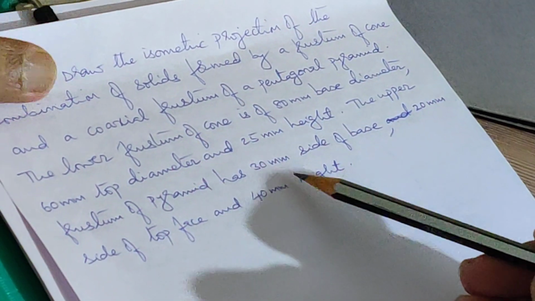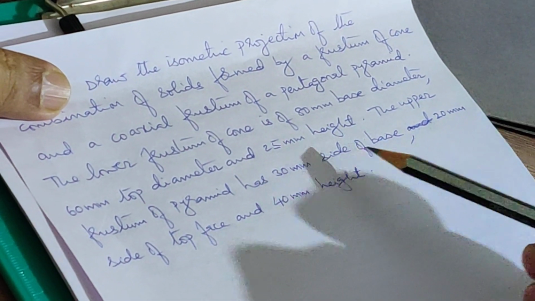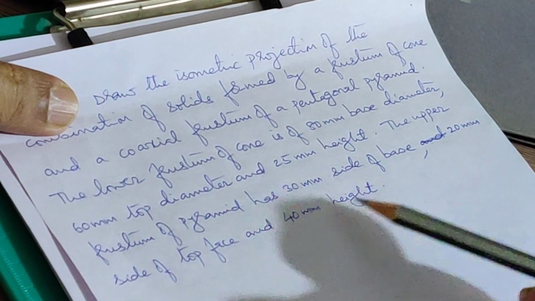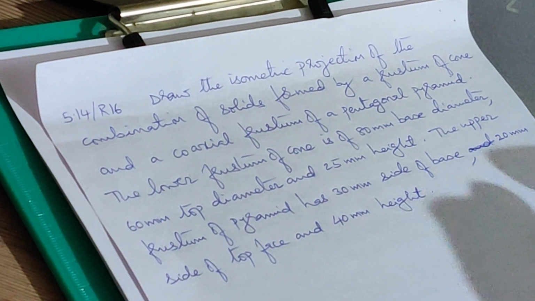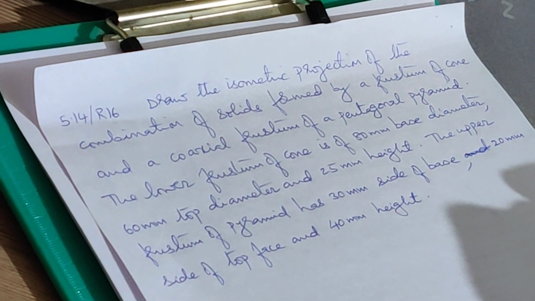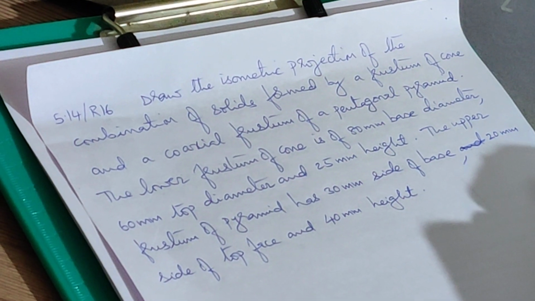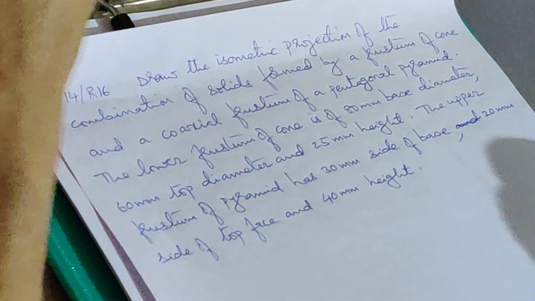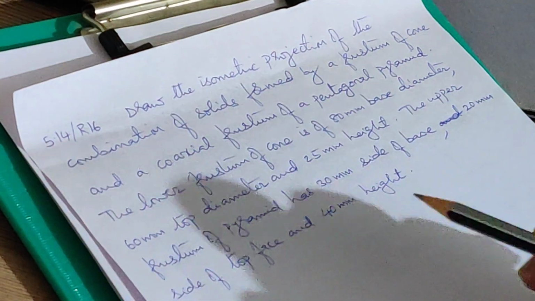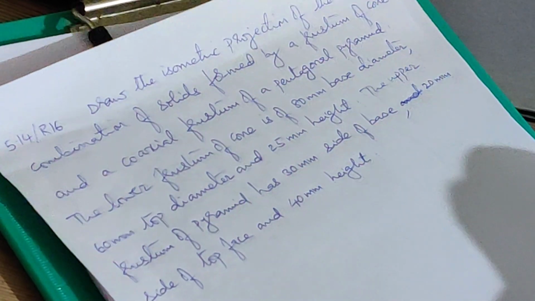So I am going to construct two pentagons now, one with 30 mm side and the other with 20 mm side. I will keep both of them in two separate boxes. Of course the height of the pyramid is also given, 40 mm.